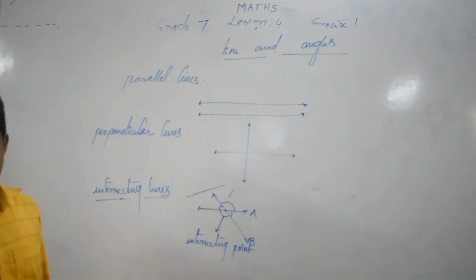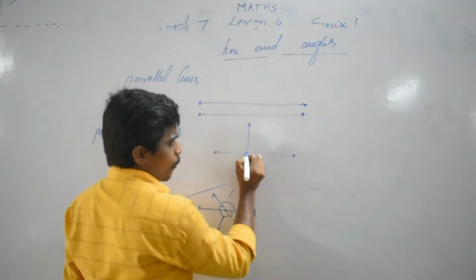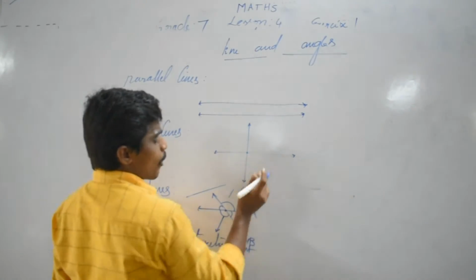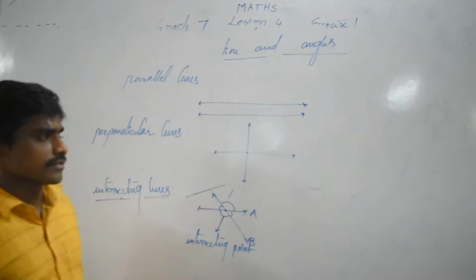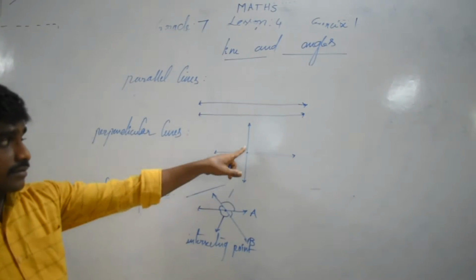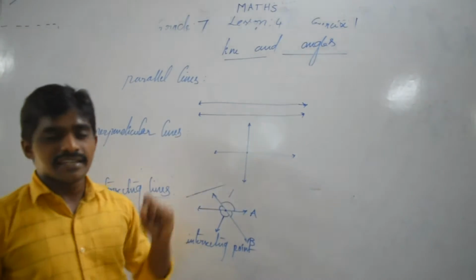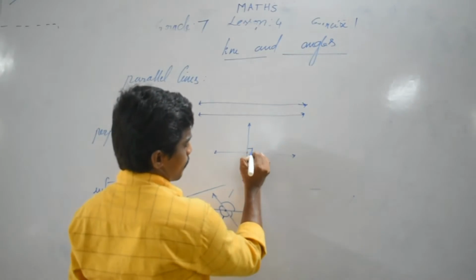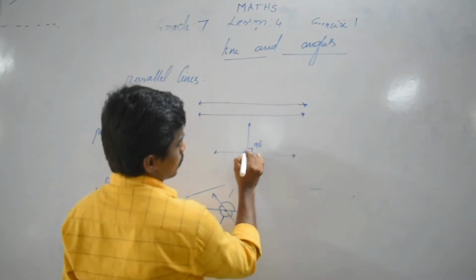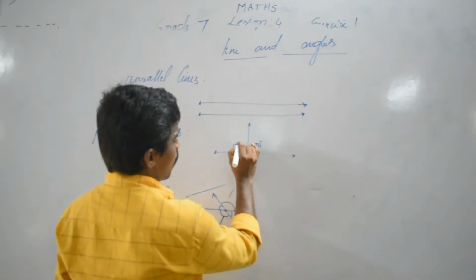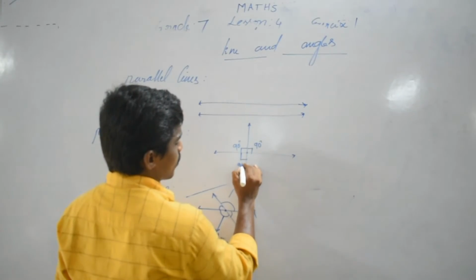These two lines meet at a point. This is the intersecting point, but here it forms 90 degrees. Those lines are called perpendicular lines.